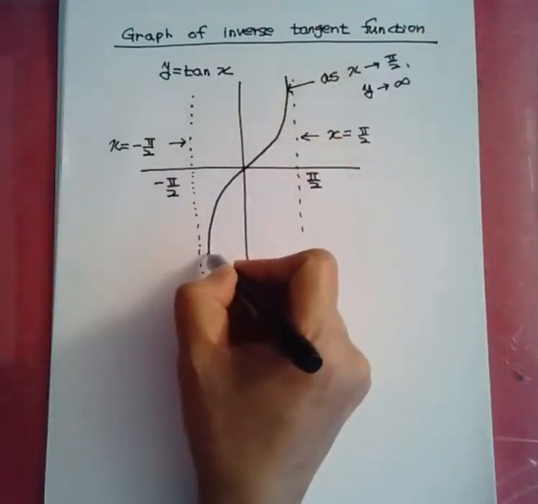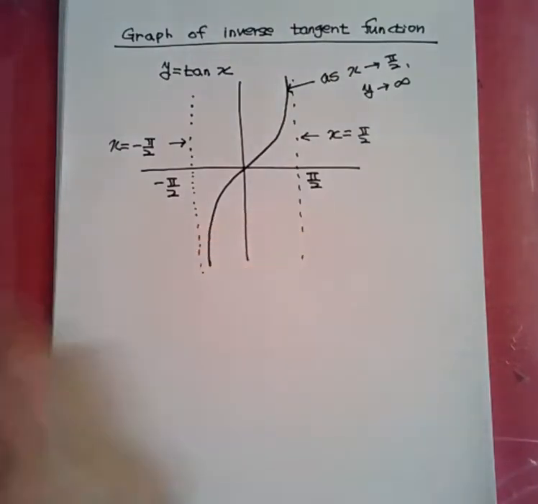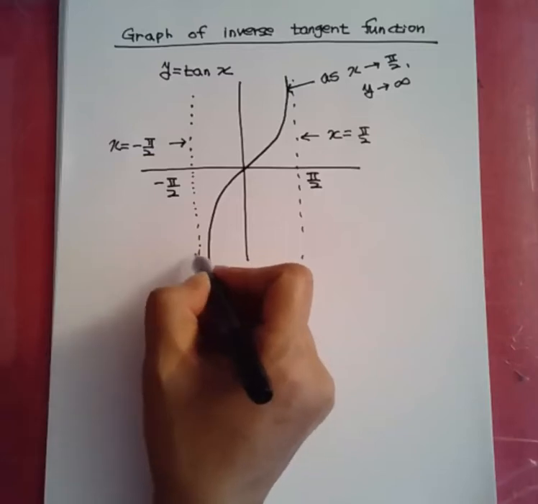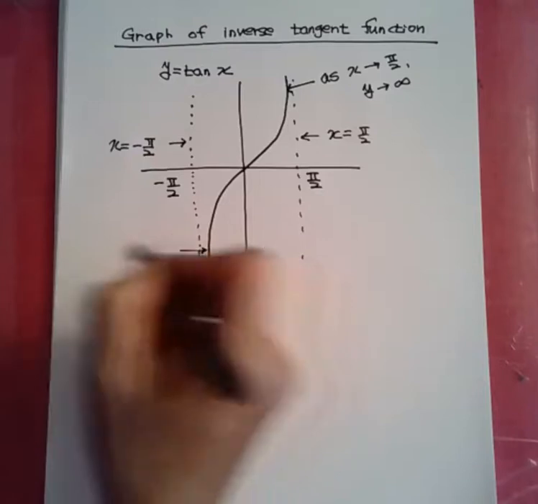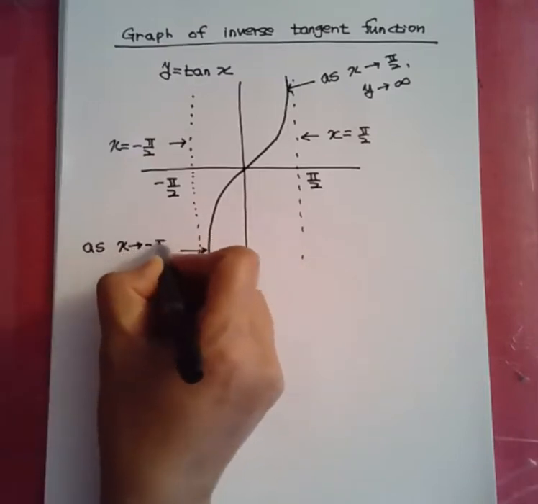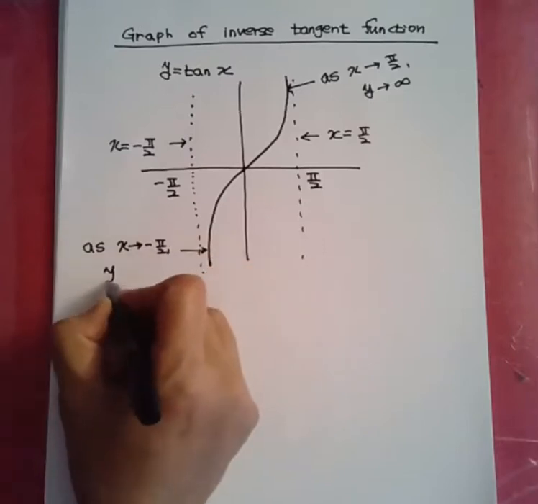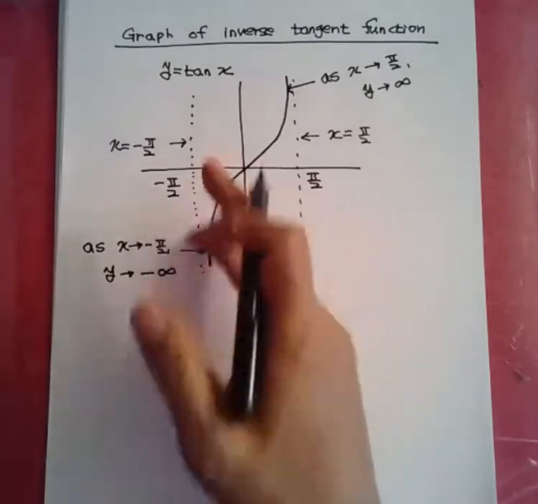For this part, we can describe that as x goes to minus pi over 2, y diverges to negative infinity, falls forever.